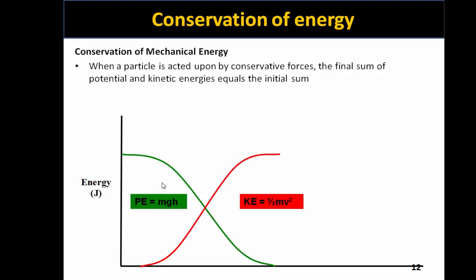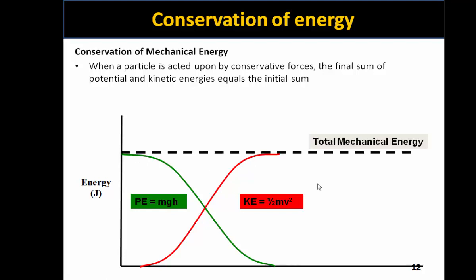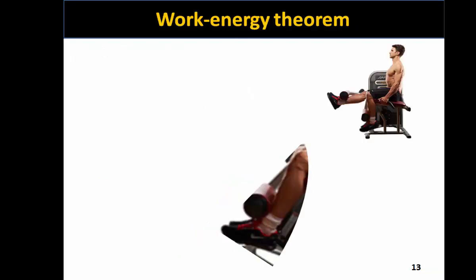And during the course of the path, as the object changes the value for height, we see that the increasing value for velocity will eventually balance the potential energy, so that the total mechanical energy at the beginning of the movement, with respect to potential energy, will equal that of kinetic energy at the end of the movement. So the mechanical energy sum will be conserved here throughout the motion.